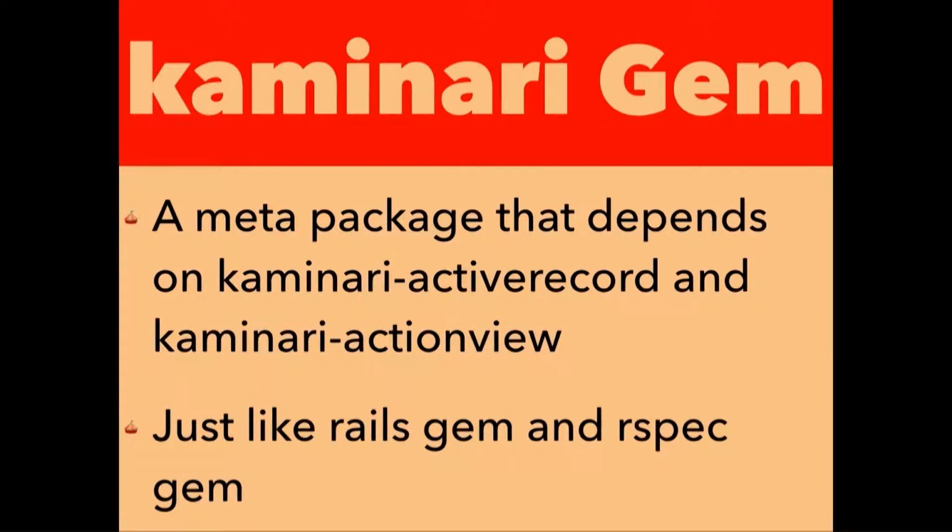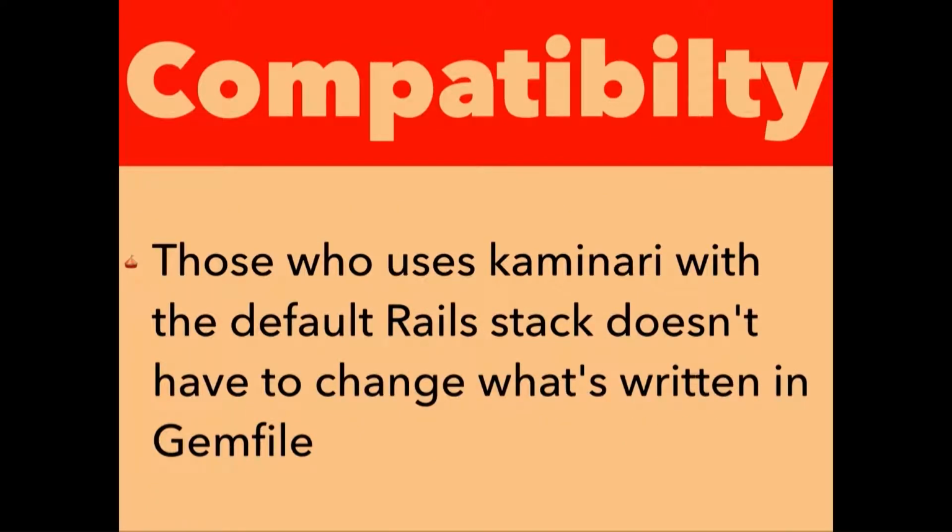It's implemented like this. The Kaminari gem is just a meta package for Active Record and Action View, just like the Rails gem or the RSpec gem, you know. So this way, the Kaminari gem keeps compatibility for your Gemfile, right? So you don't have to change your Gemfile when updating your Kaminari gem to 1.0.